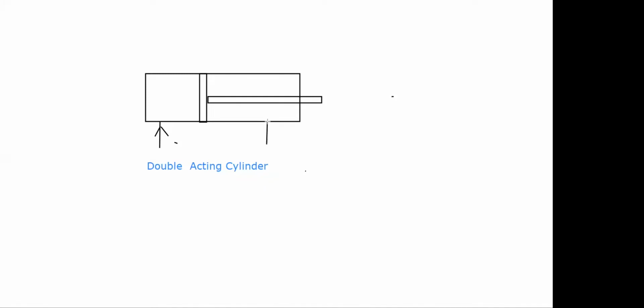If there are two ports and liquid comes in and goes out from these two directions, then it is called a double acting cylinder. These arrows are shown for learning purposes only. In the final exam, you just have to draw these two horizontal lines. These two lines show the ports, and liquid lies on both sides of the piston. That's why it becomes a double acting cylinder. Okay.